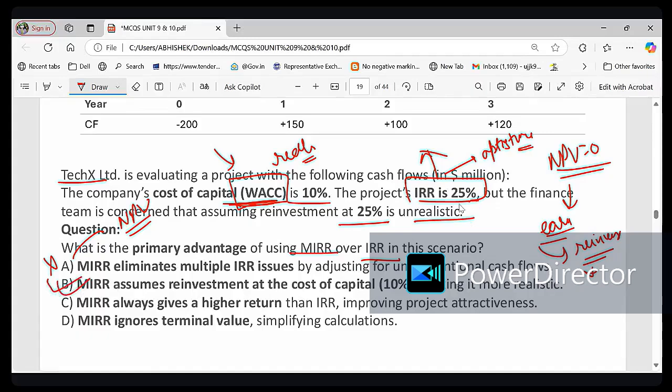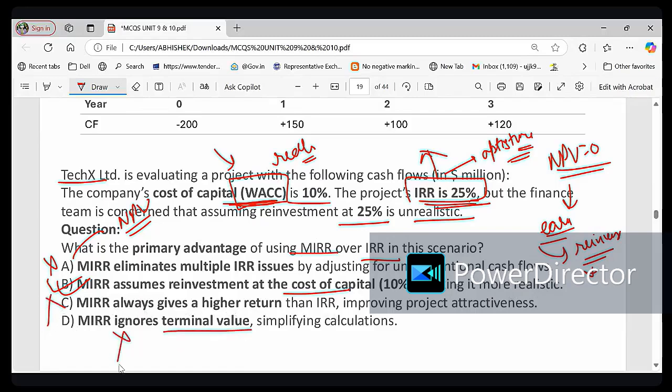See, IRR reinvesting at 25% looks optimistic, but it's not realistic. So MIRR says that we should reinvest at the cost of capital, which is 10%, right? That is what makes it more realistic. Option C, MIRR always gives a higher return. No, this is wrong. And MIRR ignores terminal value.